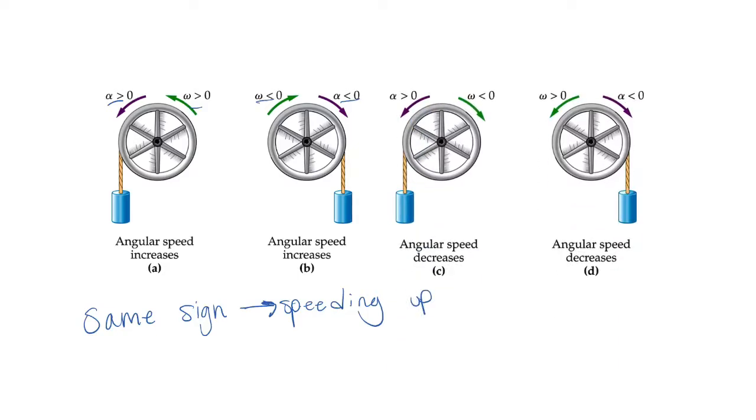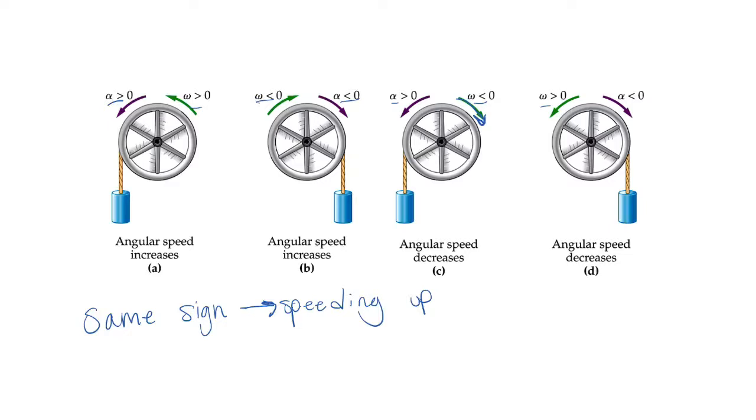Okay, and then when we have two things with opposite signs, say our angular acceleration is positive, but our angular velocity is negative, that's when it's slowing down. So it's moving this way, but it's slowing down and eventually going to stop, okay?